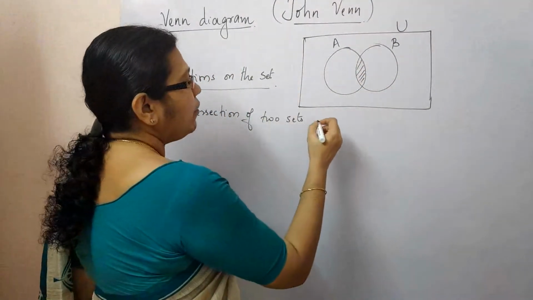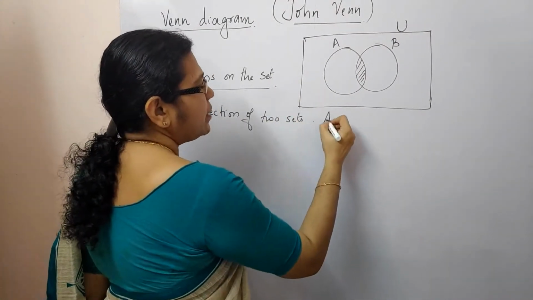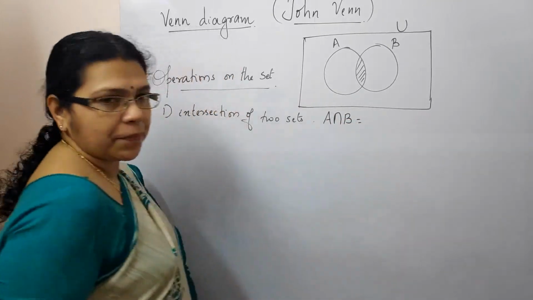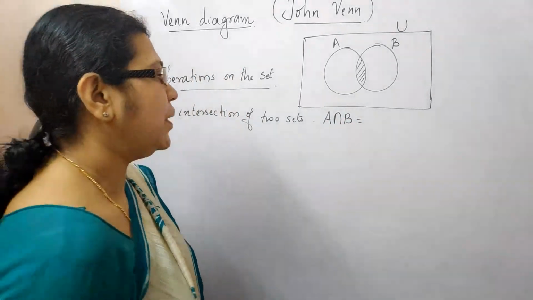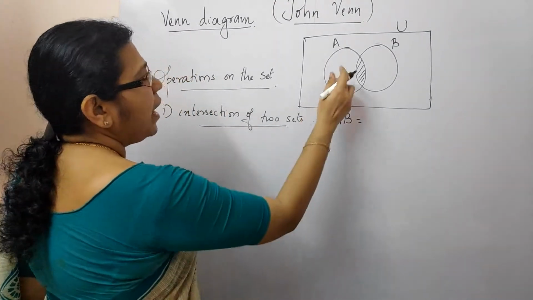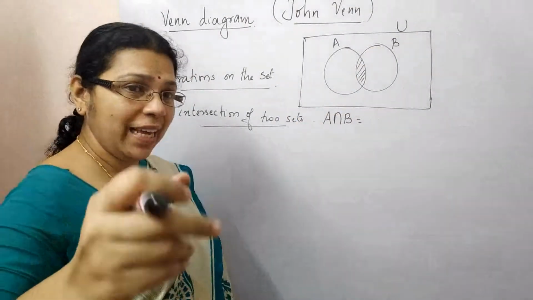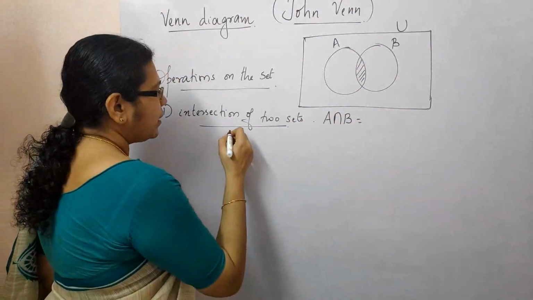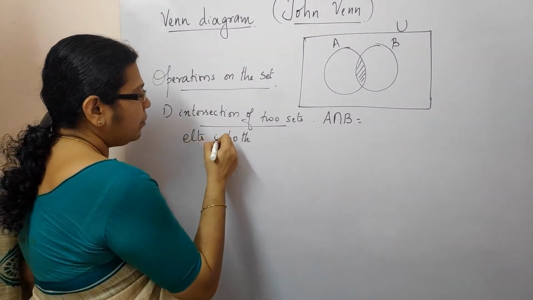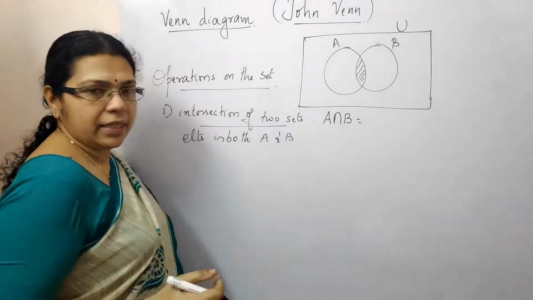So, how will you find the intersection? That is notated by A intersection B. Or I can even say that intersection of two sets means the elements which are common to both A and B, that is, elements in both A and B. Notated by A intersection B.